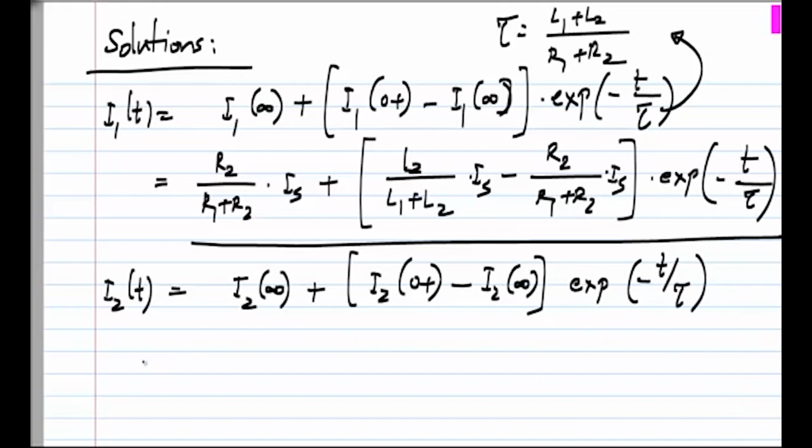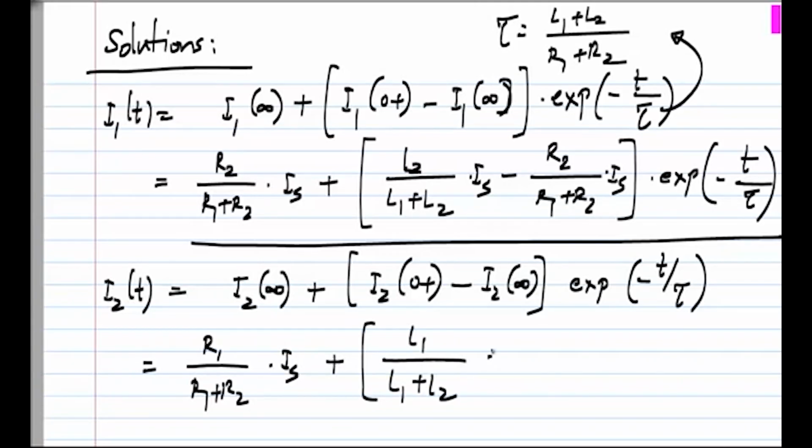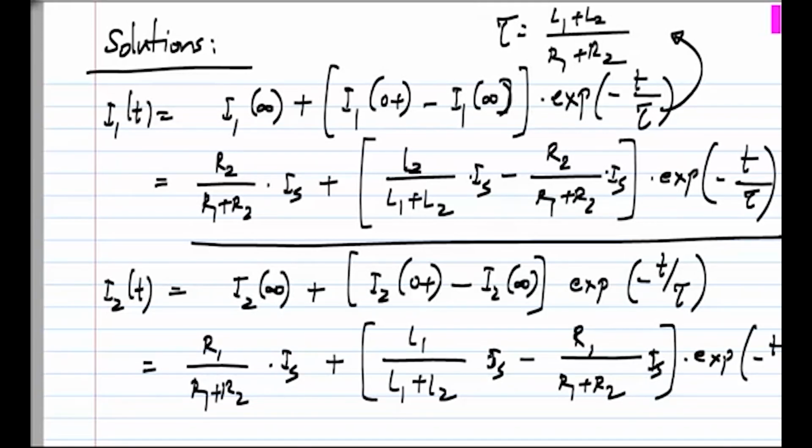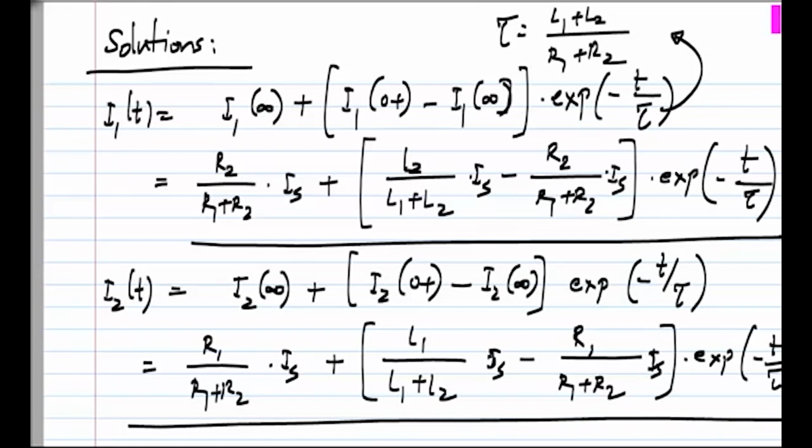Tau is of course the same, and I2 of infinity is R1 by R1 plus R2 times IS plus L1 by L1 plus L2 times IS minus R1 by R1 plus R2 times IS exponential minus t by tau. Okay, so these are the solutions for I1 and I2 as a function of time, and if you have numerical values you can substitute these, and also we assumed 0 initial conditions just before the step is applied.